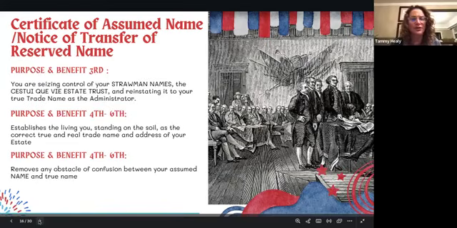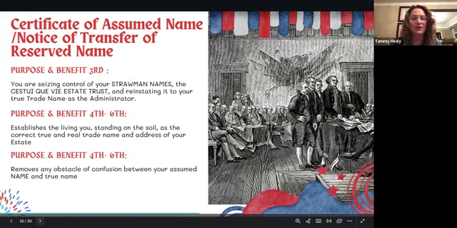All right, going on to the third paragraph in the certificate of assumed names, the purpose and benefit are you are seizing control of your straw man names, the Sustakee v. Estate Trust, and reinstating it to your true trade name as the administrator.